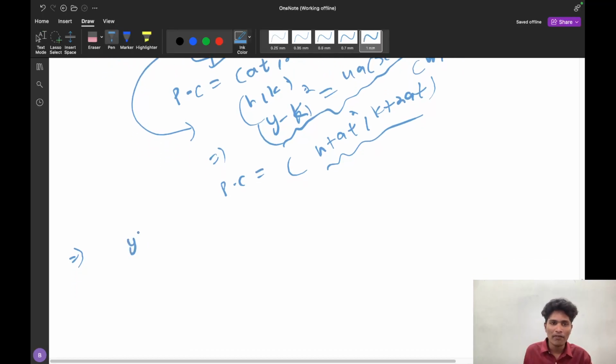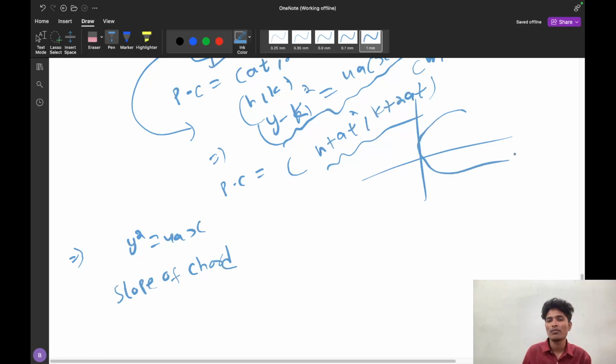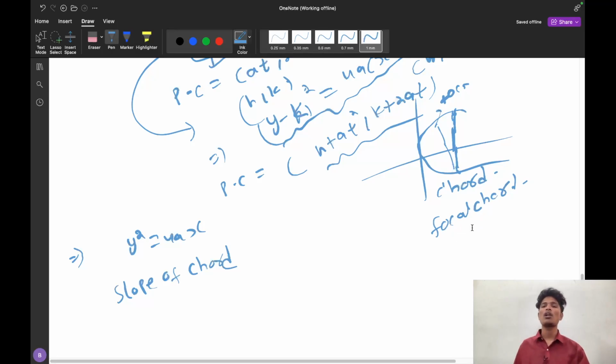Suppose again for y square equal to 4ax, now I am defining the slope of a chord. I forgot to say that if this is a parabola, the chord is just joining 2 points. If it is passing through the focus, it is called a focal chord. There are 3 types of chords: chord, focal chord, and latus rectum.